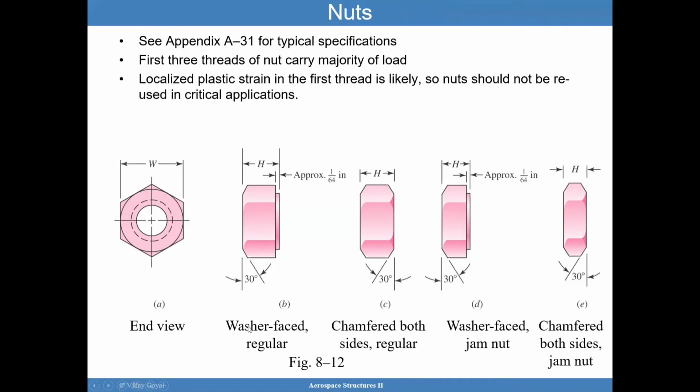Here you can see a washer face regular, a chamfered both sides regular, a washer face jam nut, and chamfered both sides. These are very typical nuts that you may find.